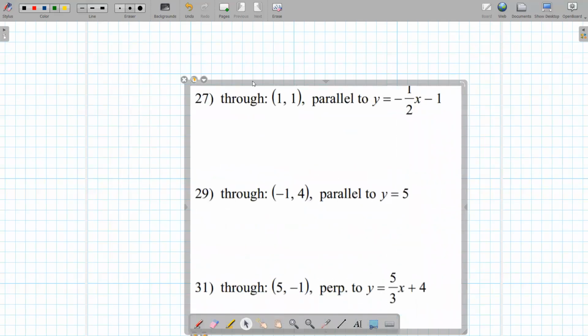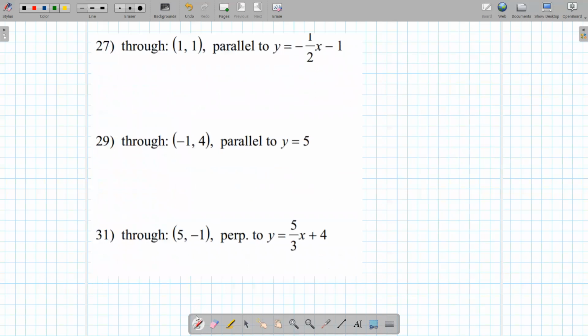So again, they want us to find the equation of a line that goes through this point and is parallel to this line. Any ideas?